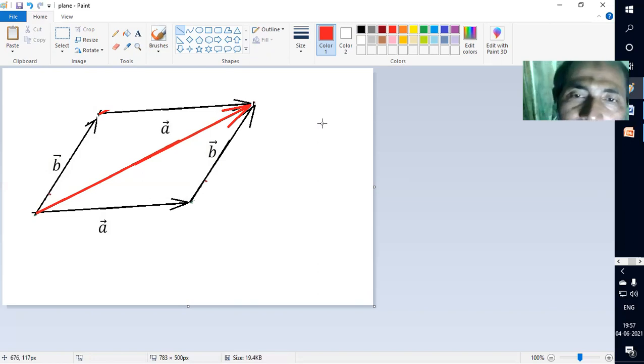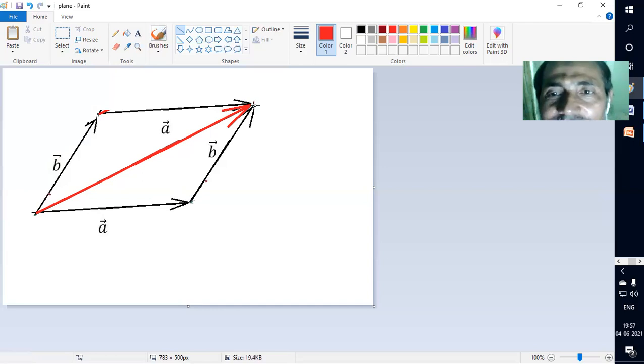Using the triangle law of vector addition, also you can find the sum A plus B. In order to use the triangle law of vector addition, it is necessary that the tail of A is coming on the head of B, or head of A is coming on the tail of B. If this situation arises, then you have to use this triangle.